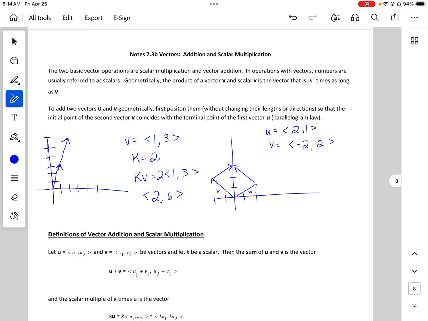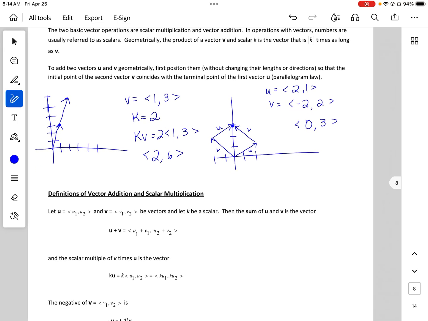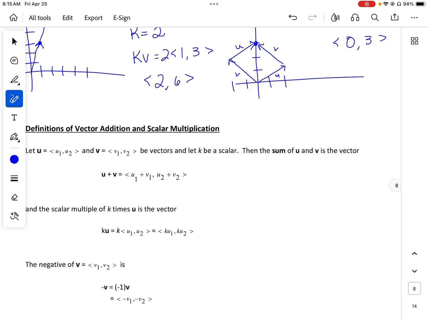So it's going to go to here, back to here. Okay, so what we did was we went back to where we were. So it's kind of like I'm adding the V vector to the U, or the U vector to the V. But it got us to the same point, which was 0, 3.